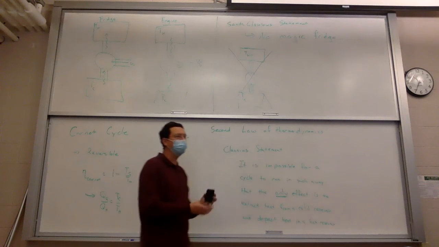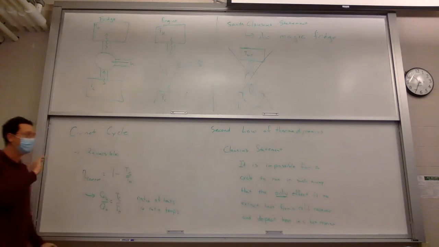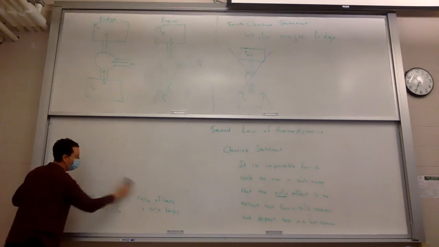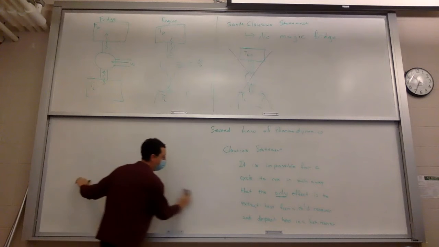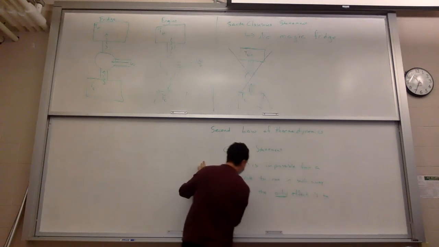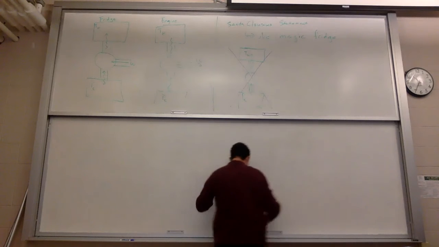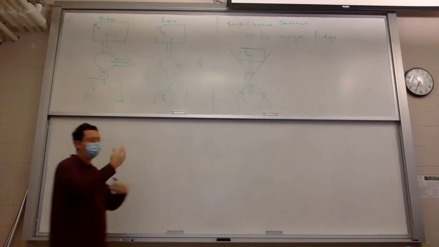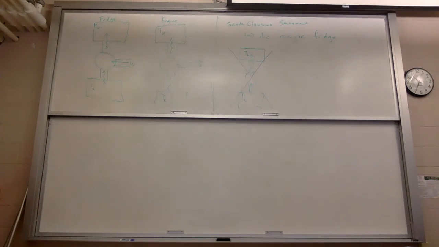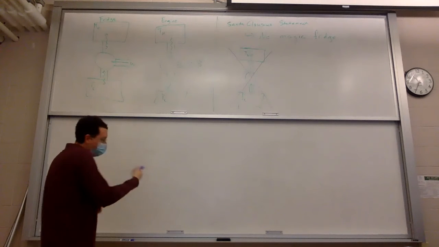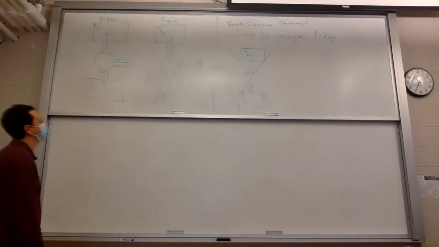Clausius had like three of them. So I'm trying to help you have a way to remember who said what. I'm only going to give you two just to give you a flavor of them. All the arguments are just variations on a theme. It's basically the same, you just change the detail a little bit.